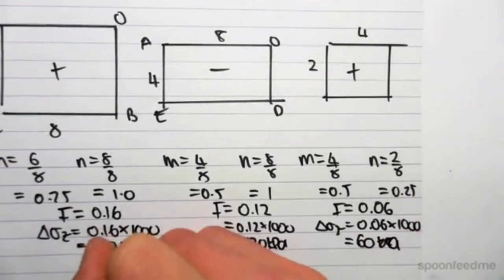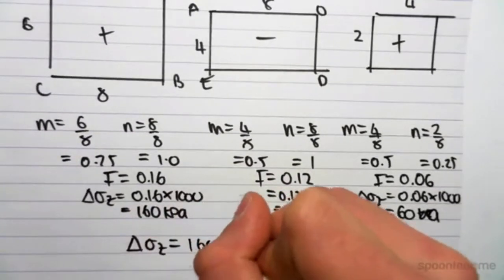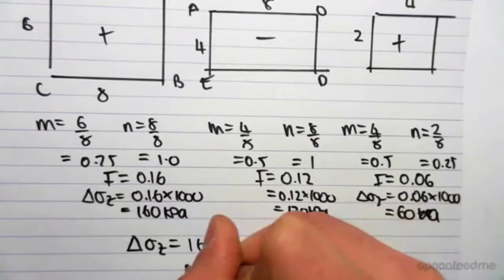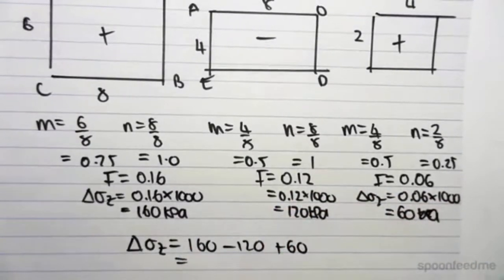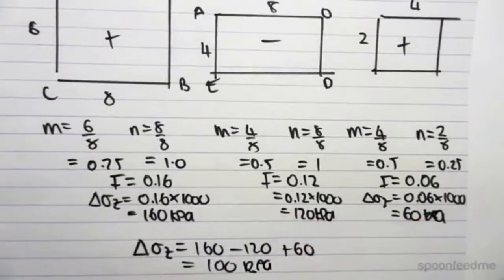And now if we were to find the total change in stress, it would be 160 minus 120 plus 60. So if we work this out, we would get 100 kPa as our change in stress.